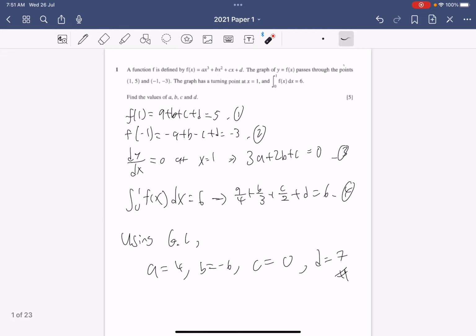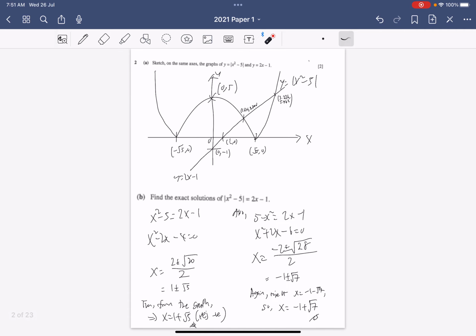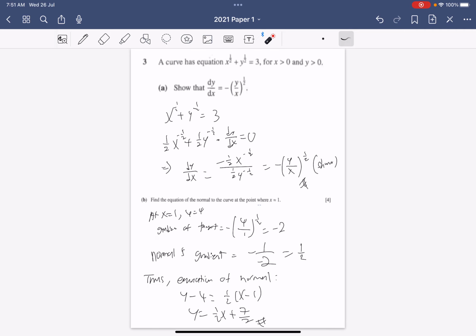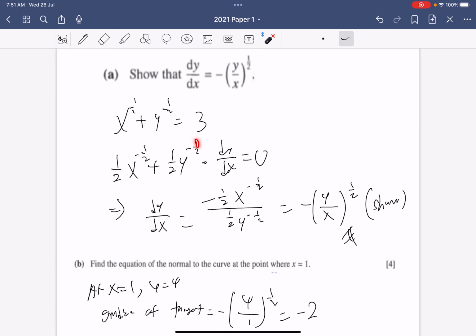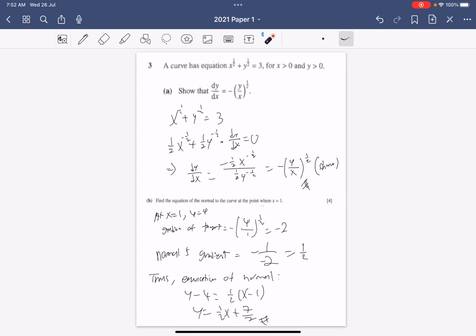So we just bring down the power, x to the power minus 1, and similarly for y. But because this is not in terms of x, we have to use the chain rule to multiply dy/dx. So then you just bring this over, divide by this, and you should get what the required answer is.